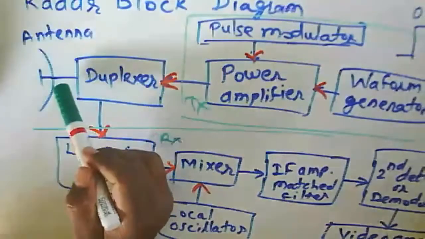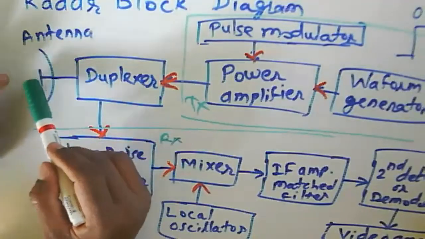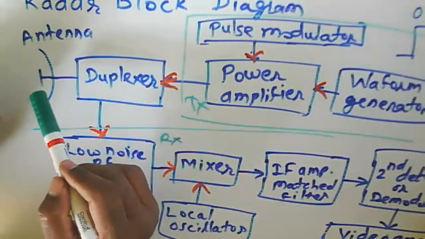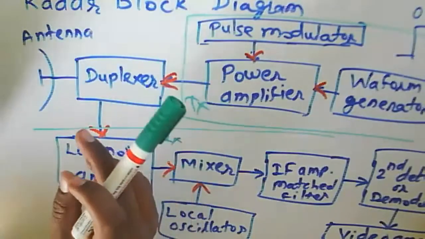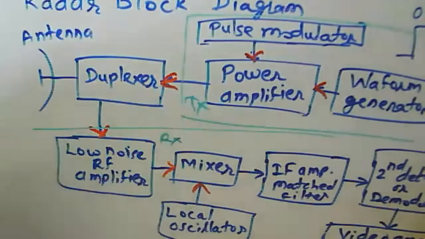Then we have an antenna. In that case, we are supposed to use an antenna that will provide a narrow beam. There are various kinds of antenna we can use, so that we get a narrow beam. The role of a narrow beam means what?